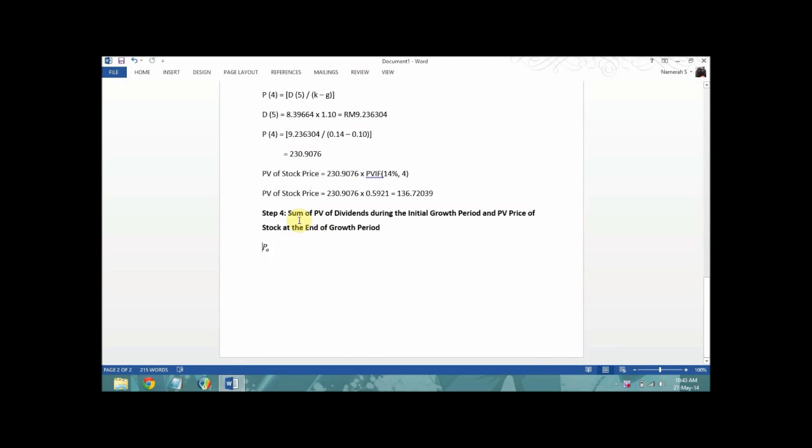Our last step is calculating the sum of present value of dividends during the initial growth period and the present value price of stock at the end of growth period.